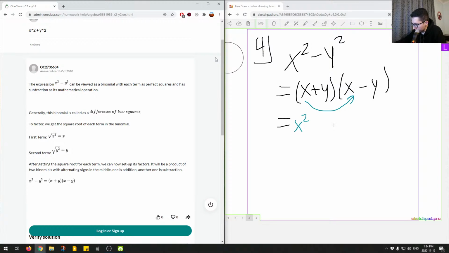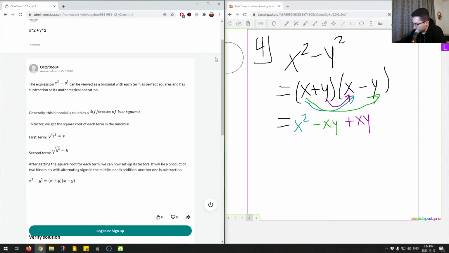Use a different color. And we have outside, which is x times y, so times negative y, which is minus xy. And then we have inside, so y times x, which gives us plus xy.